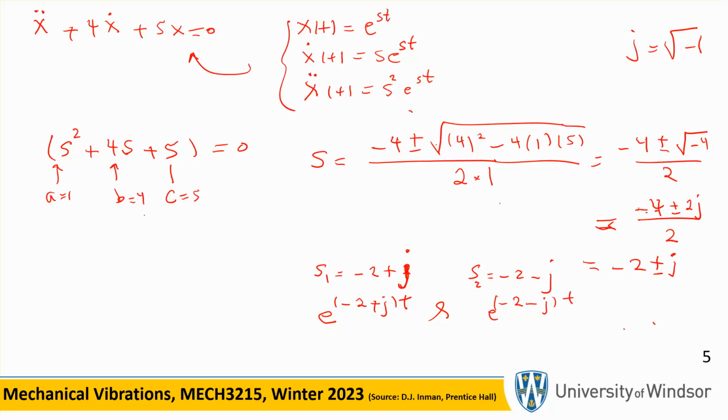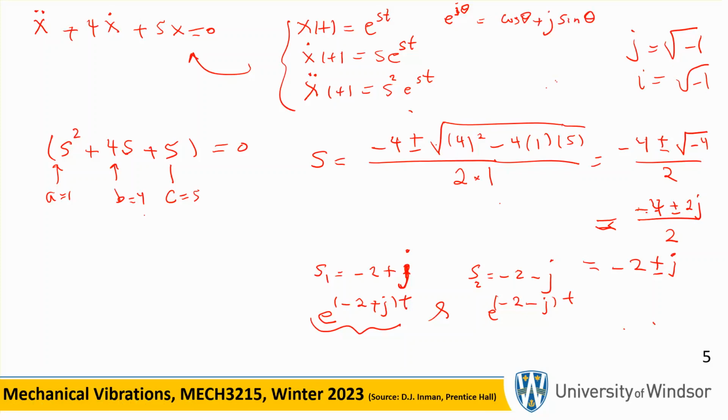Now, these are the complex form, but remember there's something called Euler's formula. So e to the j theta, or i theta, whichever you prefer, some people like to use i equal to square root of minus 1, is cos theta plus j sine theta. It's called Euler's formula.